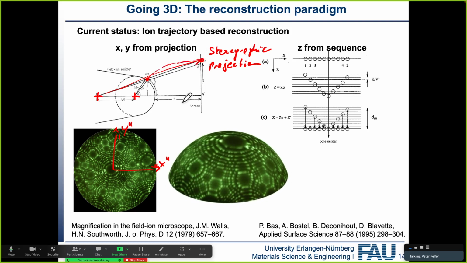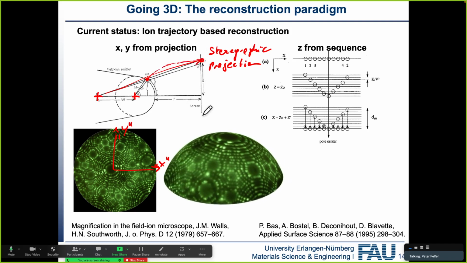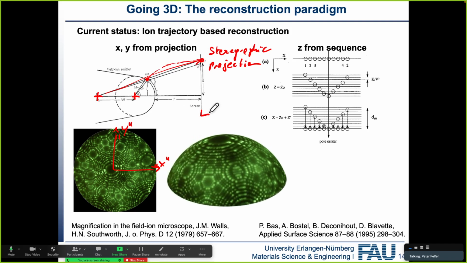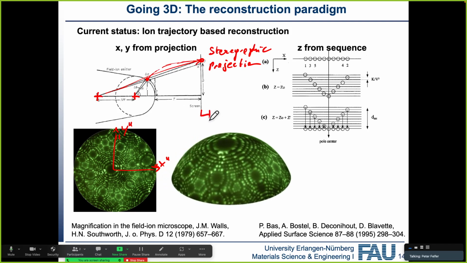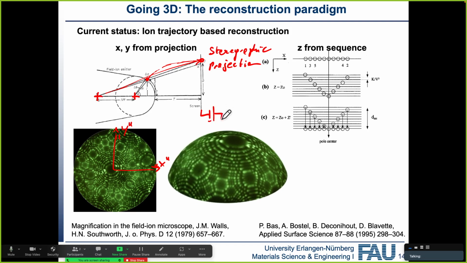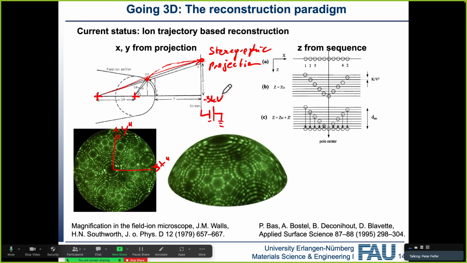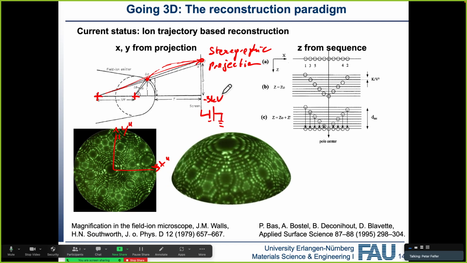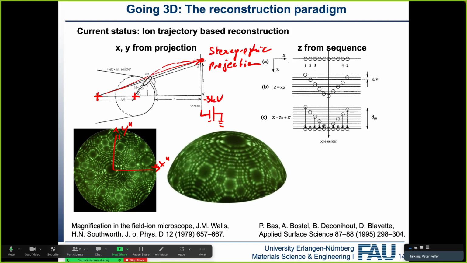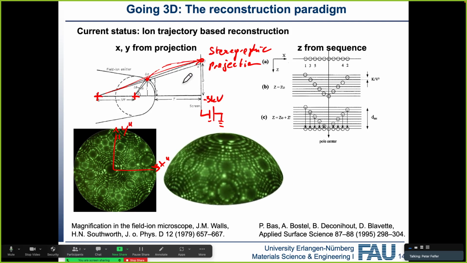In reality, it's not exactly how the ions fly, and the ions will fly outwards and then curve inwards. And that's got something to do with the fact that the detector is at a potential of roughly negative 3 keV. And we'll see later on why that is. This is why the ions fly in this curve.